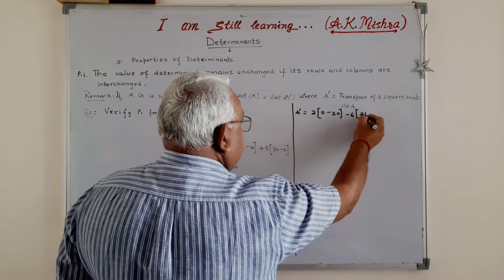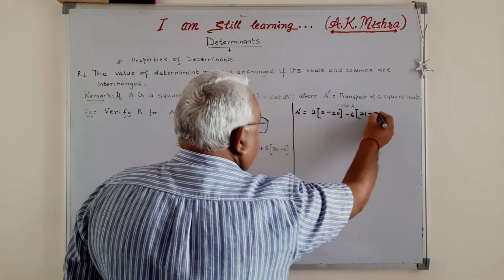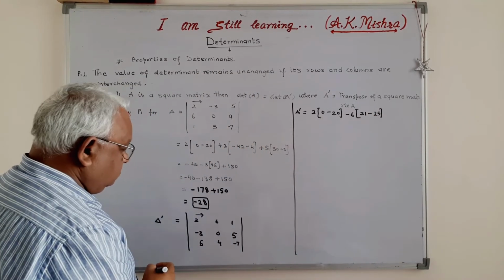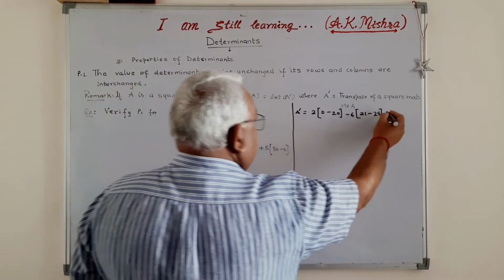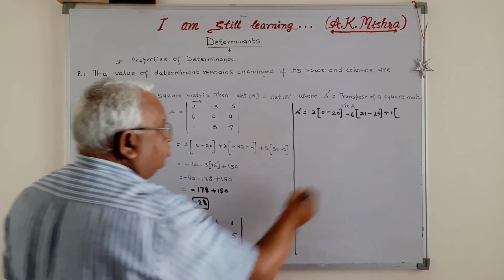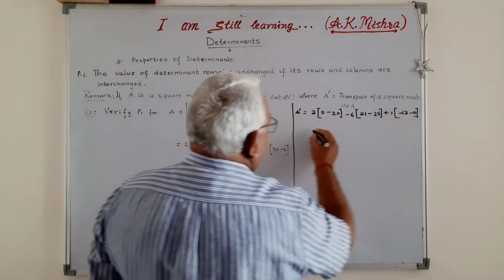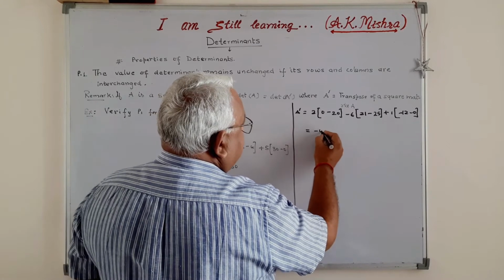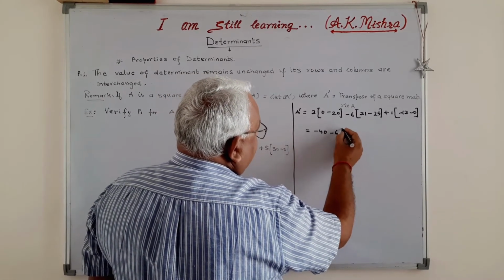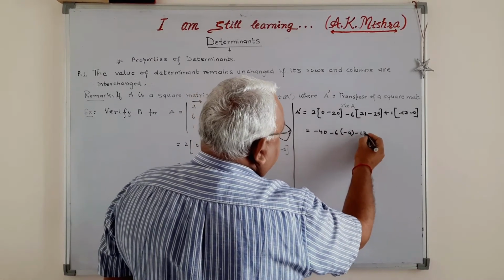minus 6 into 21 minus 25, plus 1 into minus 12. So it comes out as minus 40 minus 6 minus 4 minus 12.